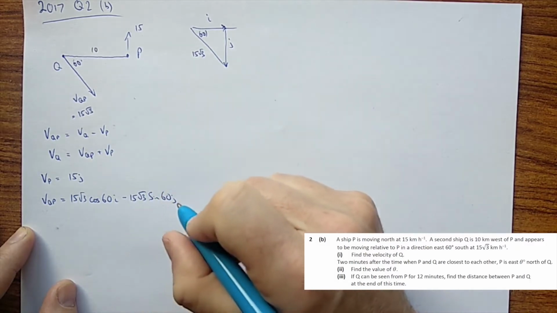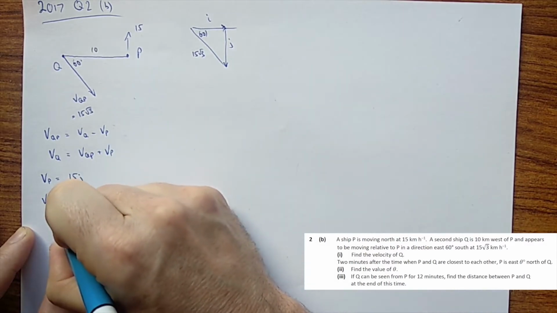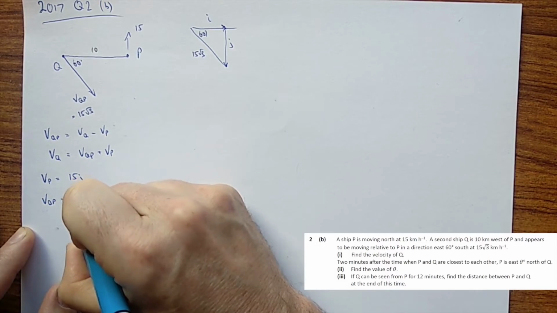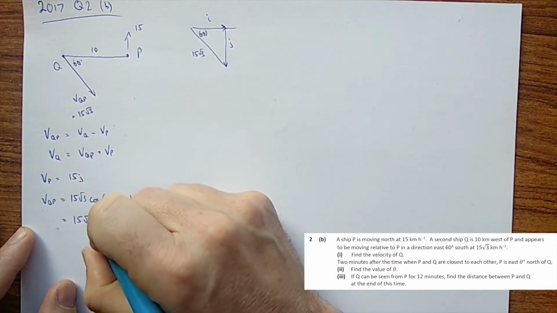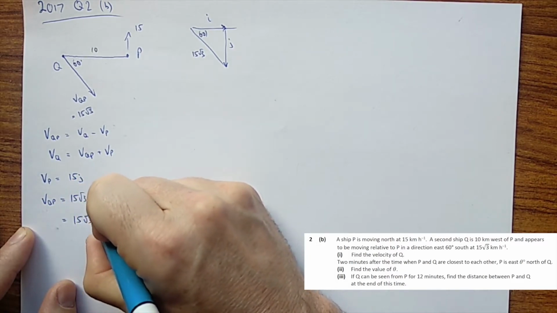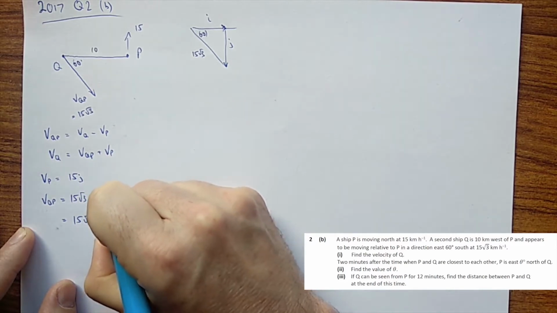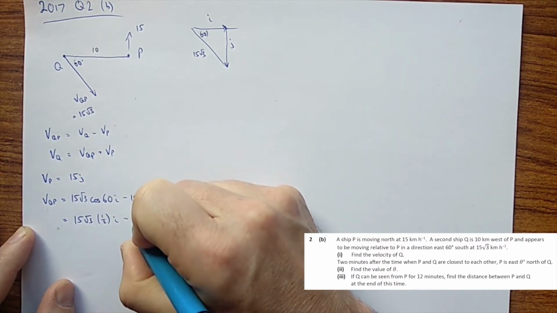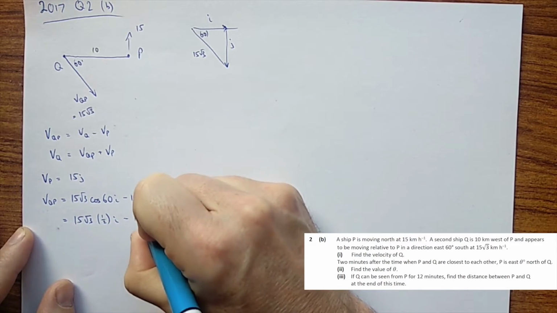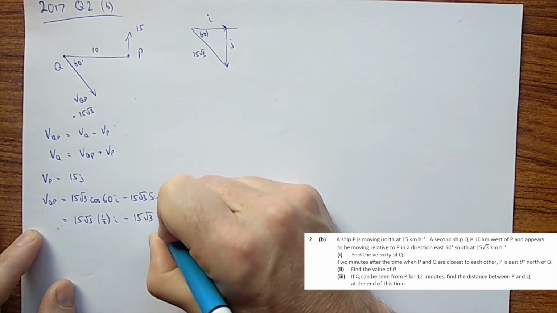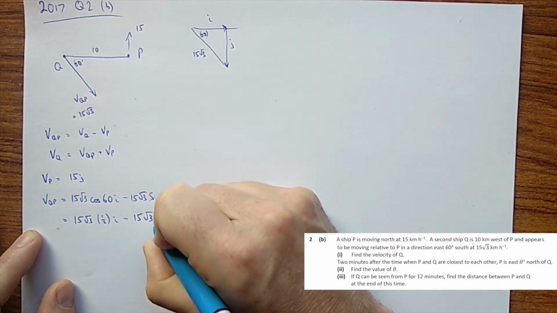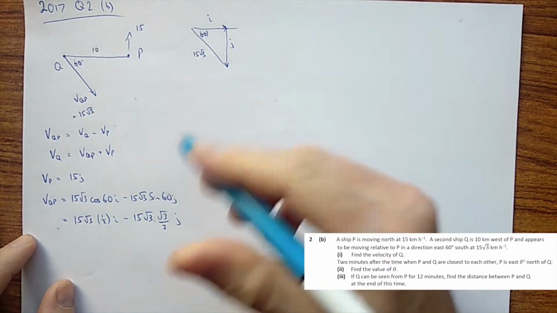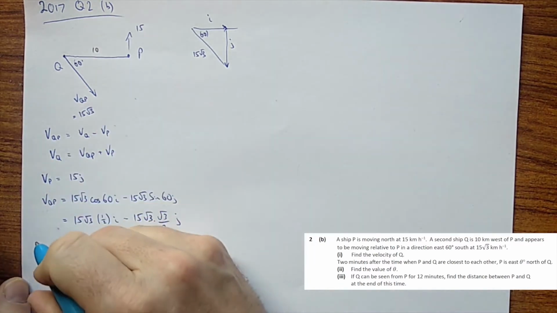Now we'll do a little bit of rearranging and putting values in for that. 15 root 3 by a half i, minus 15 root 3 times root 3 over 2 j. Okay, so let's bring these all together.